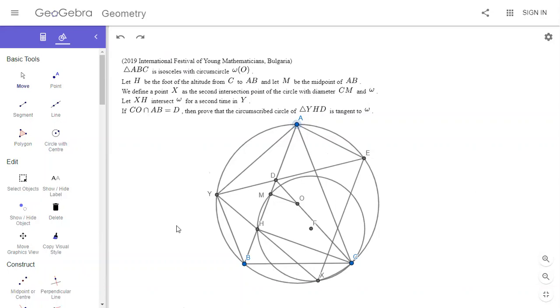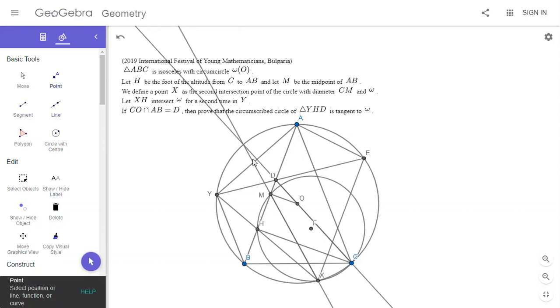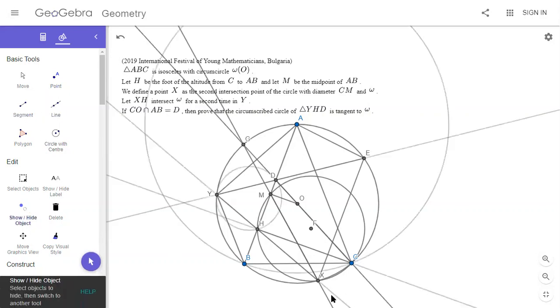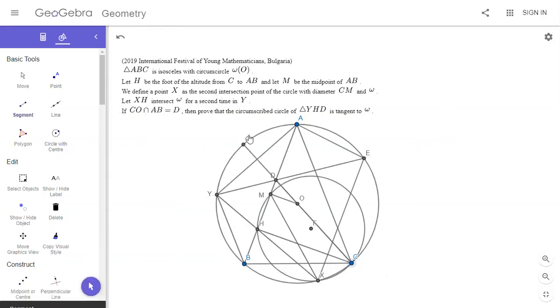Okay, so we want to use that MXC. Yeah, let's add in another point here. So these points meet on the circle. That might help. Okay.